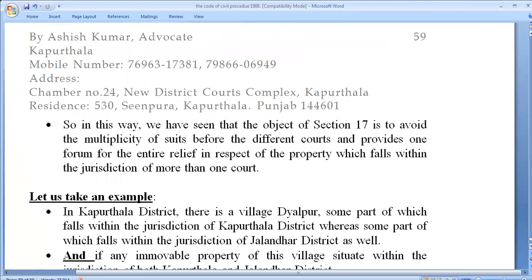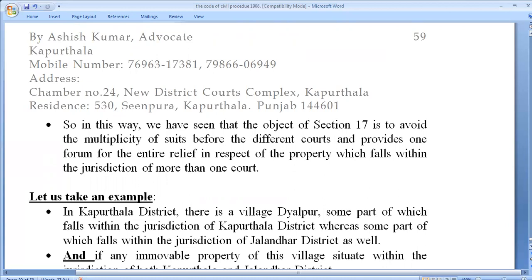So, in this way, we have seen that the object of section 17 is to avoid multiplicity of suits before the different courts, and it provides one forum in relation to the entire relief in respect of a property, which property falls within the jurisdiction of more than one court.